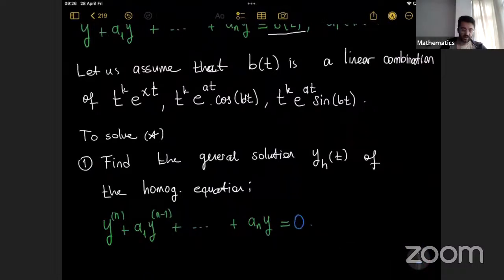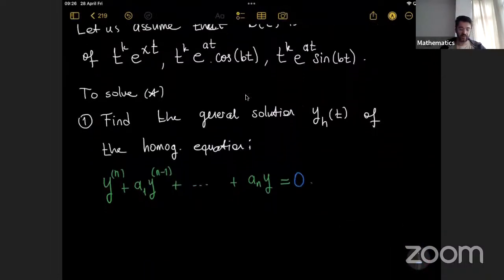This is easy to solve because of the previous methods, right? So we look at the characteristic equation. If we have distinct roots, it's easy. If we have repeated roots, again, it's easy. You multiply by t, for repeated roots t squared, and so on. And we write the general solution in that case. But the difficult part is to deal with the non-homogeneous part.